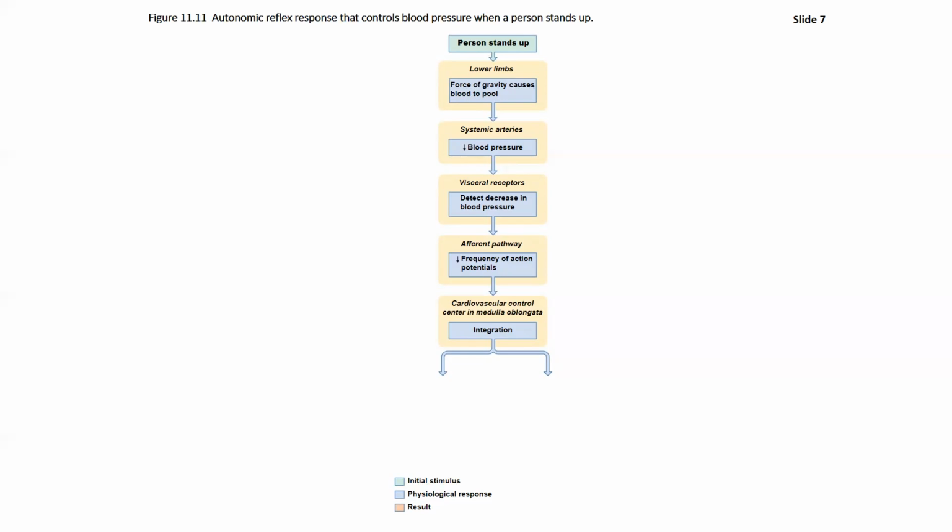That would be increasing the activity of which division of the nervous system? Which division of the nervous system would be increased to increase heart rate, increase contractility of the heart? It would be your sympathetic, right? So you increase your sympathetic output, and what would you want to do to your parasympathetic?